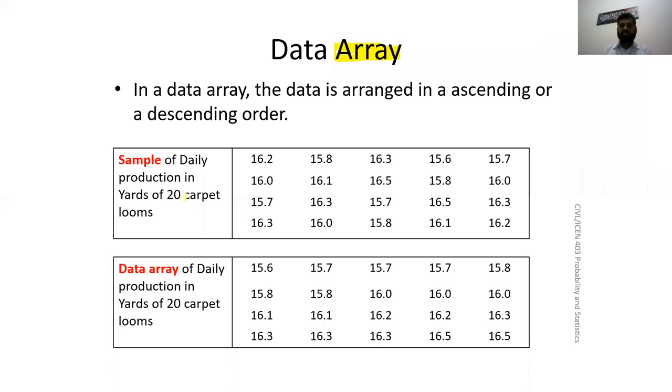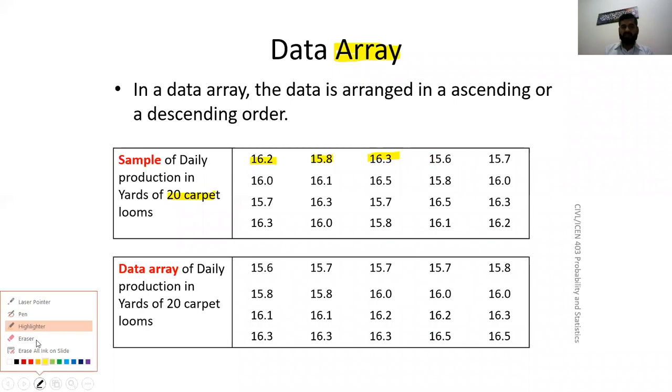So this is the daily production of some carpets in yards. We selected a sample of 20 carpets, right? So this is their measurement in yards. This is 16.2 yards, 15.8 yards, 16.3 yards, and so on. We collected 20 such measurements, and you see they are in no particular order. So this is called raw data.